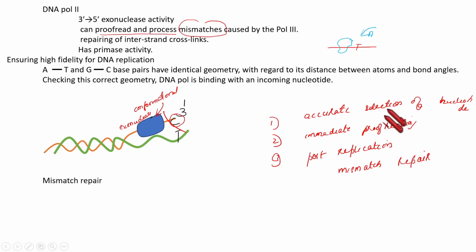So through all these three methods of DNA replication, the fidelity or accuracy of replication is assured, or it is attained. So these are the three methods.